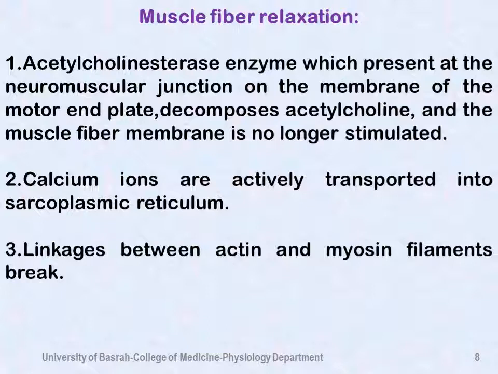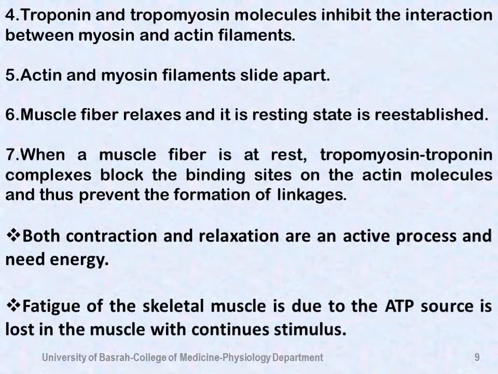Calcium ions are actively transported again to the sarcoplasmic reticulum. The linkage between the actin and myosin myofilaments is going to break. The troponin and tropomyosin complex molecules turn back to cover the binding sites of actin myofilaments.